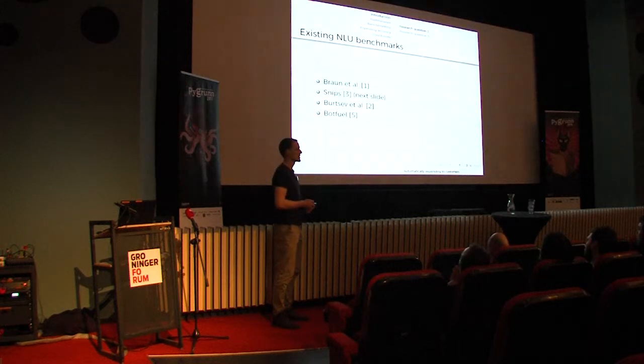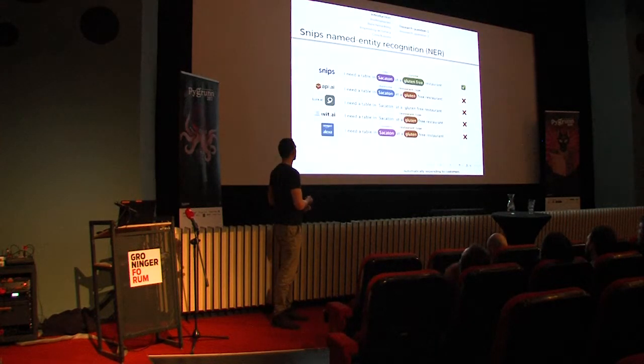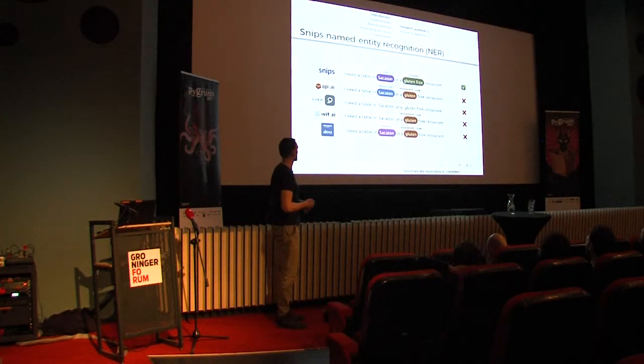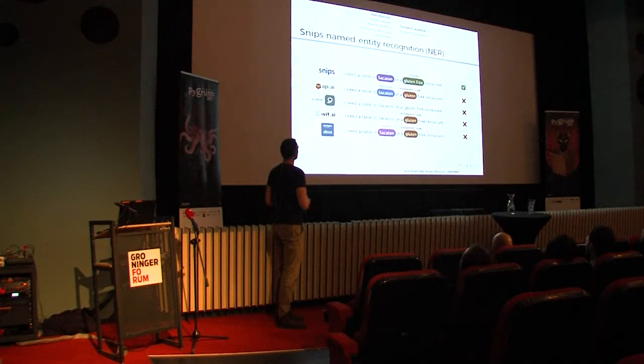So there was some work that could be done there. For example, Snips, they even provided in the blog post an example of some sentences, and they said, we want to do named entity recognition. So you have a word in that sentence, and you want to know what entity it is. So Sakaton is a city, and this gluten-free is about cuisine.